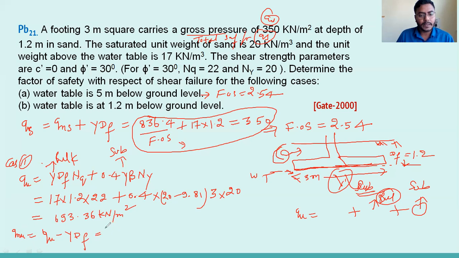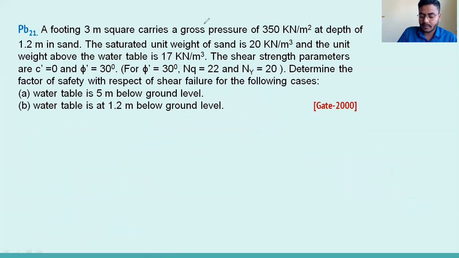So from this value we can get QNU, net ultimate, that is QU minus gamma DF. So here, 693.36 minus gamma DF, 17 into 1.2. So you will get 672.96 kilonewton per meter square. So by knowing this value, we can write QS, gross pressure, that is QNS plus gamma DF.